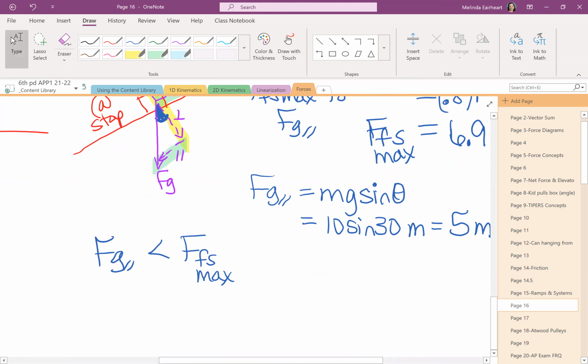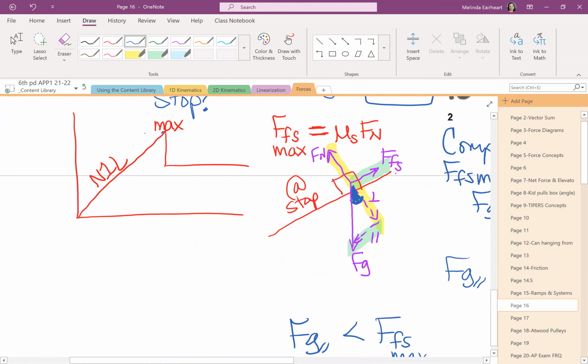And so if we compare that to our graph, maybe 6.9m is at the max, but maybe 5m is here. Now, don't start thinking, oh, it could be kinetic. That uses a different coefficient. You'd have to calculate that separately, right? But it did come to a stop, and it looks like we have enough, right?